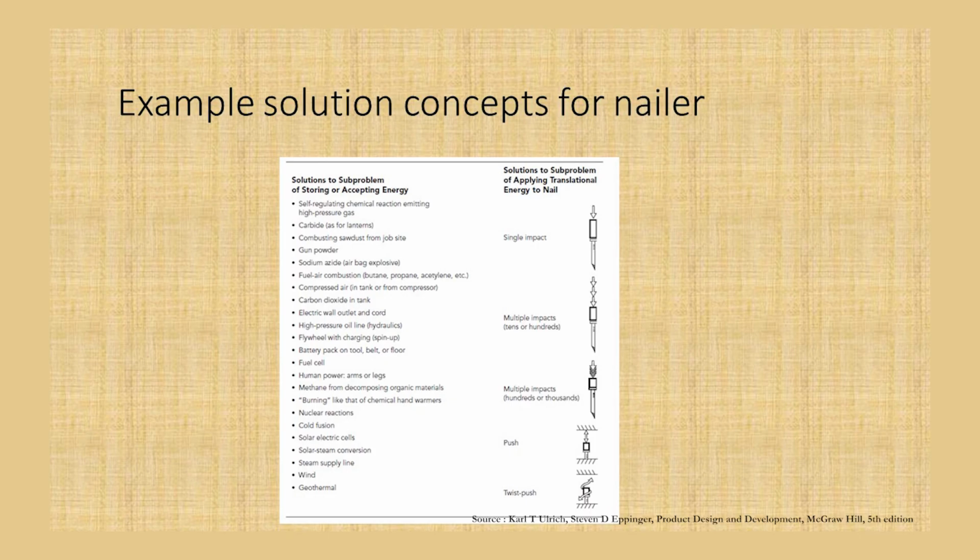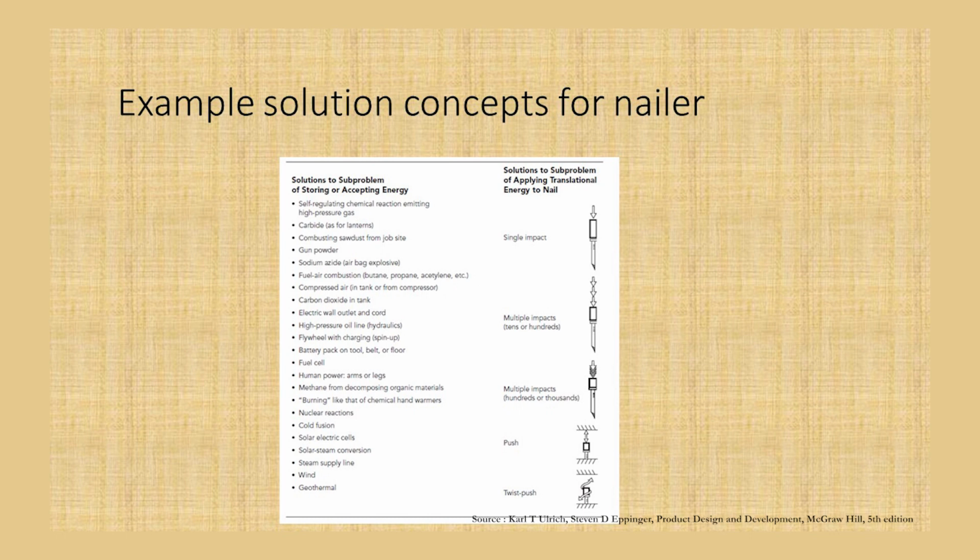Carbide, combusting sawdust from the job site, gunpowder can be used to store or accept energy, sodium azide, that can form an explosive in an airbag, fuel air combustion from butane, propane, acetylene. So, you can use some fuel like butane, propylene, propane, acetylene.